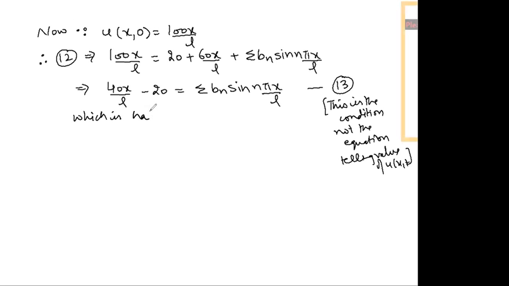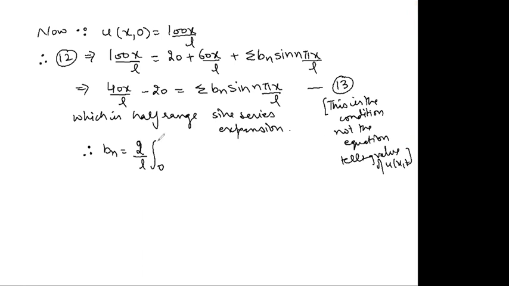So, this is a half range sine series expansion. Therefore the value of Bn comes out to be 2 by L integral 0 to L f(x) sin(n pi x by L) dx.